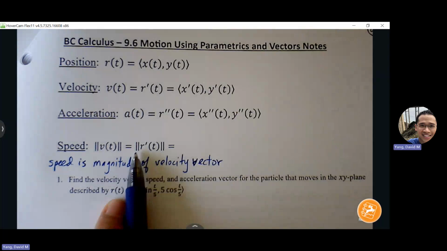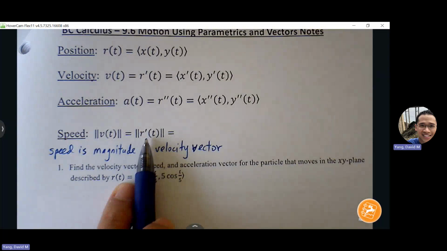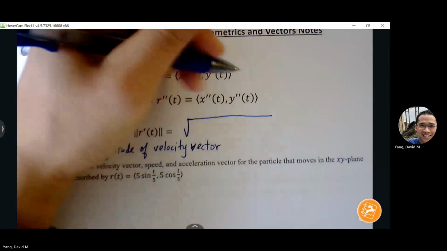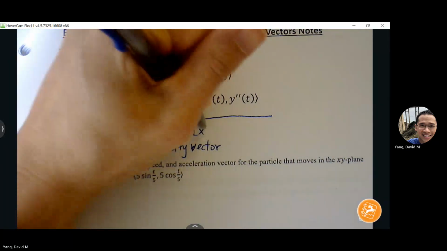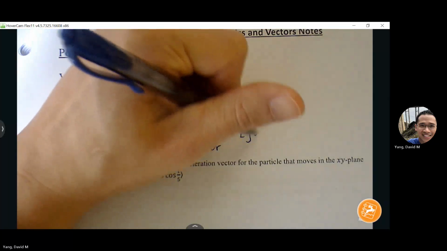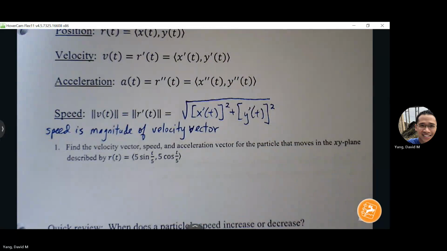So it's denoted by this double bar v of t or double bar r prime of t, and it looks like this. So it has that distance feel to it, square root of x prime of t squared plus y prime of t squared.